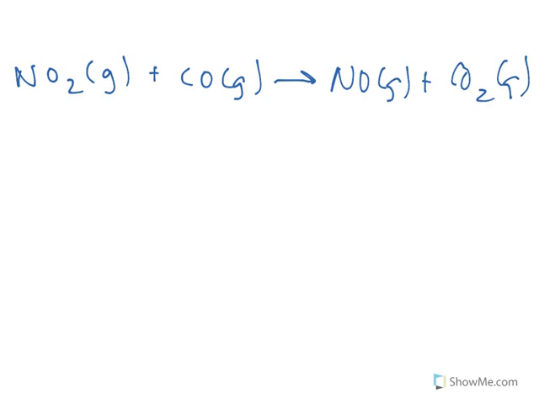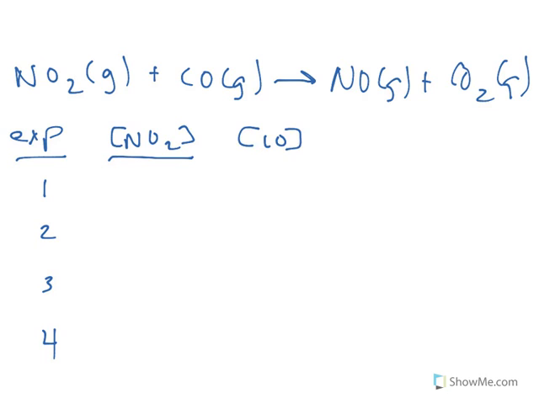All right, so we have a gas phase reaction here, and the experimenters ran 4 different experiments where they monitored the concentration of NO2, and they monitored the concentration of carbon monoxide, and they looked at the initial rate in molar per second. All right?